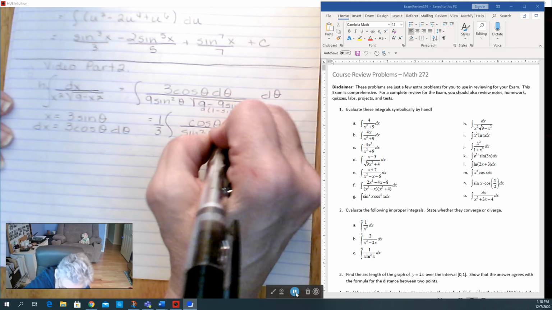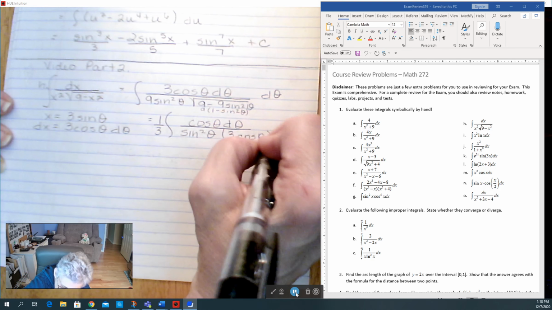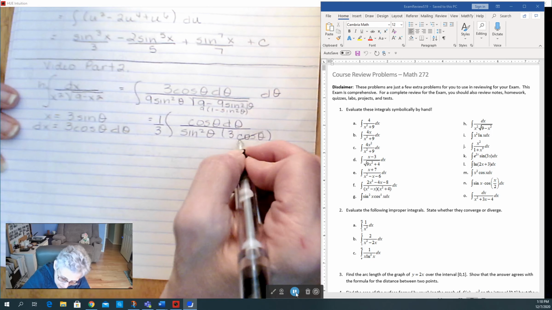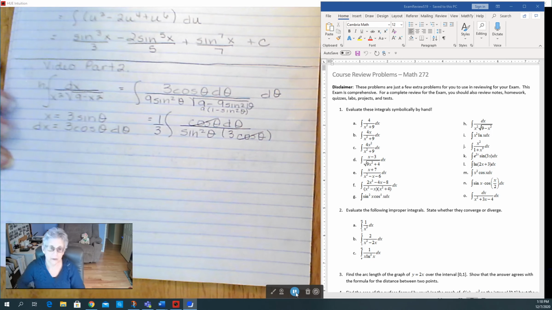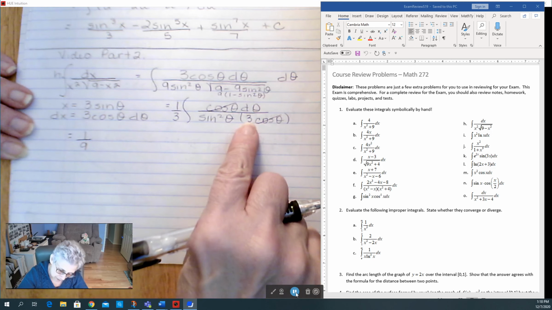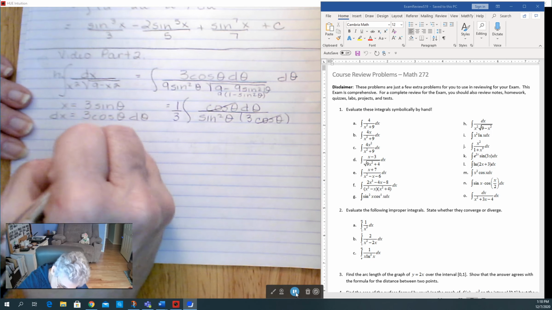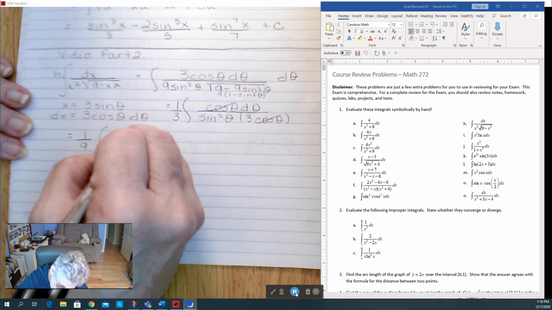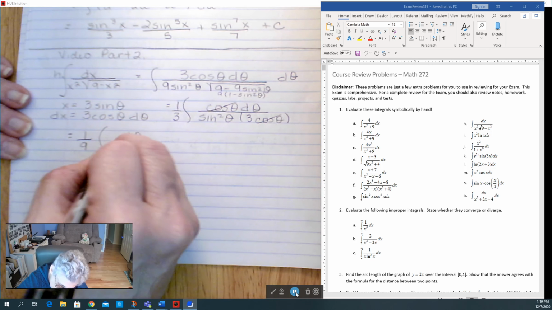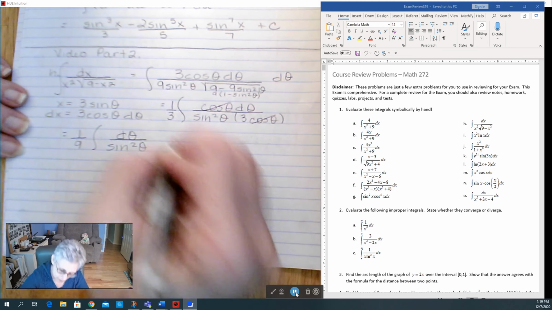So when we take the square root of it, we have 3 cosine theta. Cosine cancels with cosine. I'll bring this 3 and combine it with that 3 and make it a 9th. I have d theta sitting on top, and I have sine squared theta on the bottom.